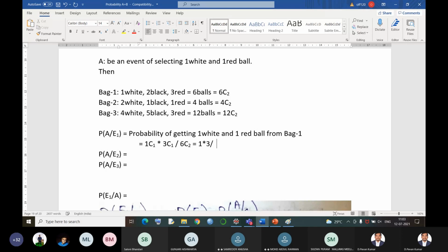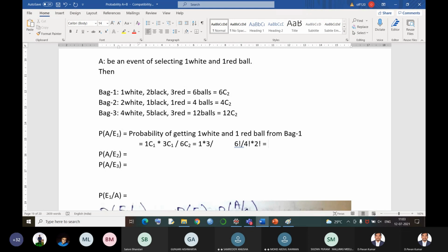How do we find out the answer of 6C2? Let me do it here. It is 6 factorial divided by (6 minus 2) factorial, so 4 factorial into 2 factorial. I'm just doing it for a rough case. If people do not know the calculation, it would be clear over here.